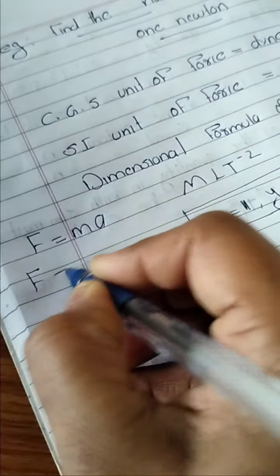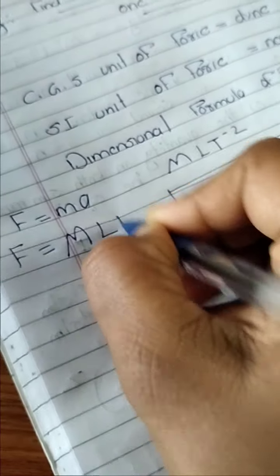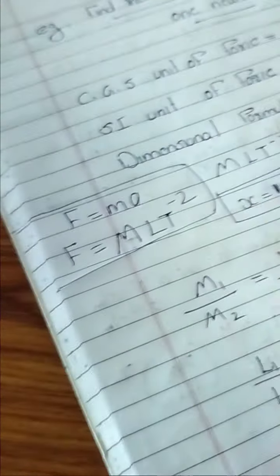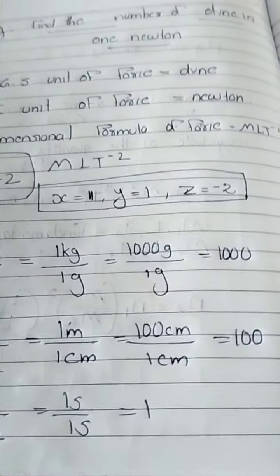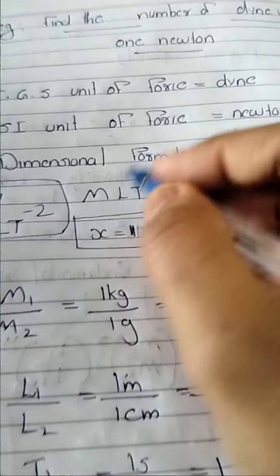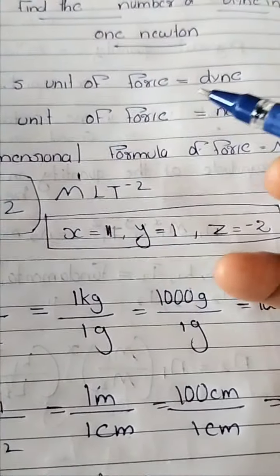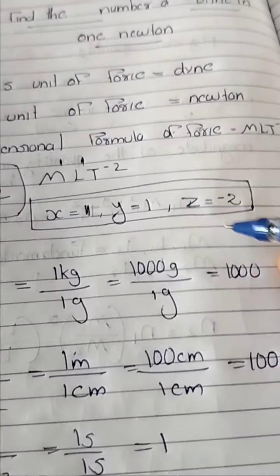What is the fundamental dimensional expression of acceleration? L T raised to minus 2. So the dimensional expression of force is M L T raised to minus 2. So that's the meaning: M raised to x, x value is 1; L raised to y, y value is 1; T raised to minus 2.